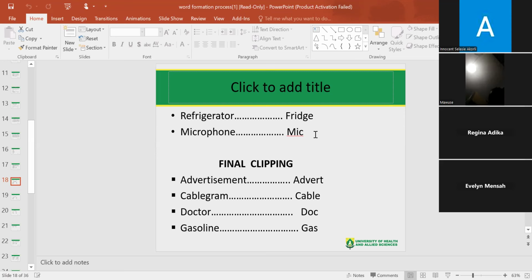I think it will be instructive for us to differentiate between the various types of clipping.